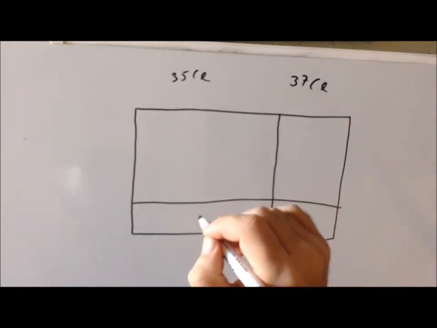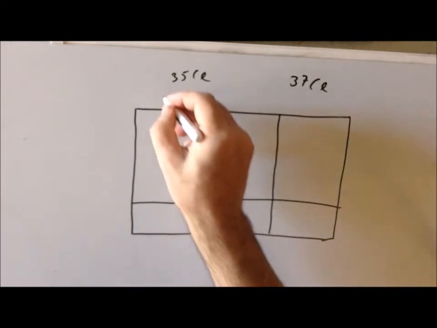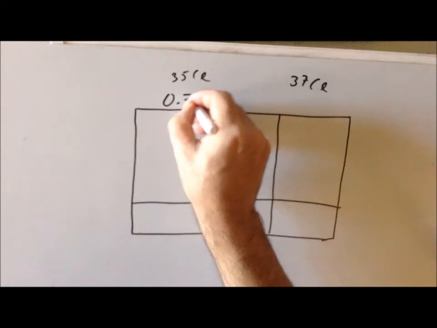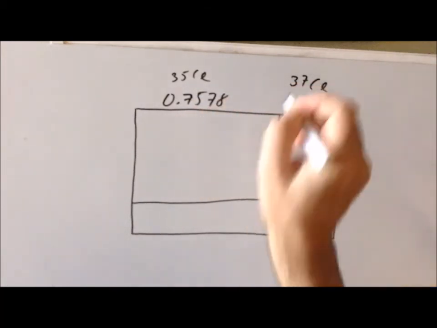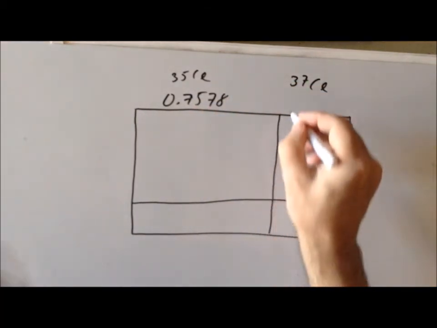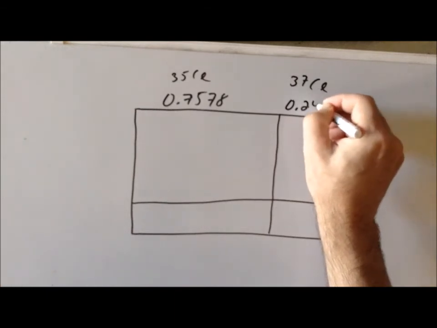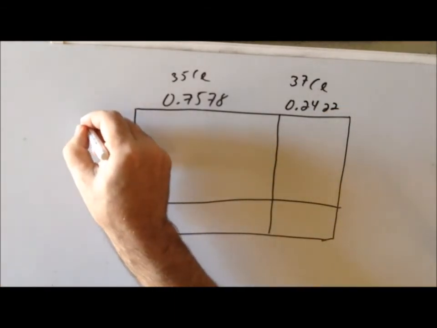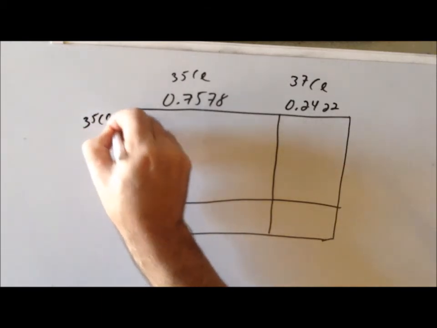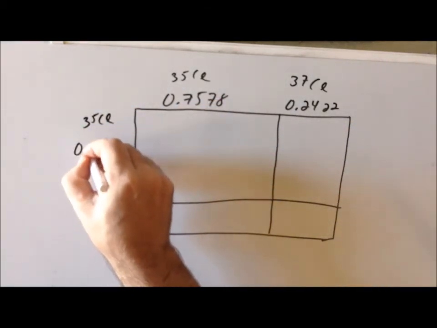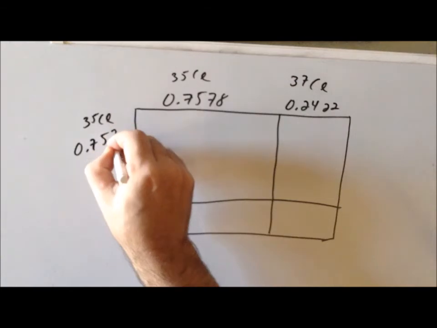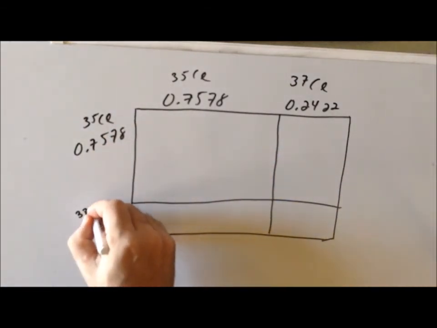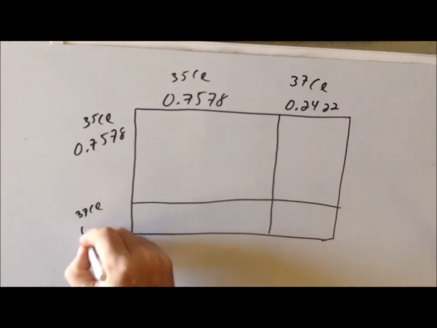So this one is 0.7578. And then the probability for chlorine-37 is 0.2422. And then over here we have chlorine-35 again, and we know the probability is 0.7578. And for chlorine-37, it's 0.2422.